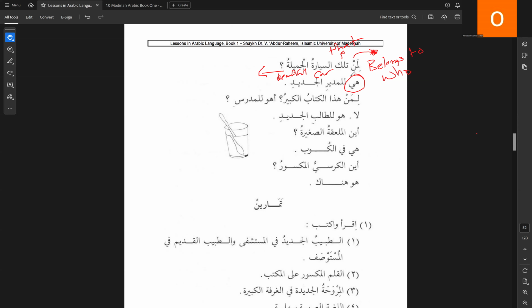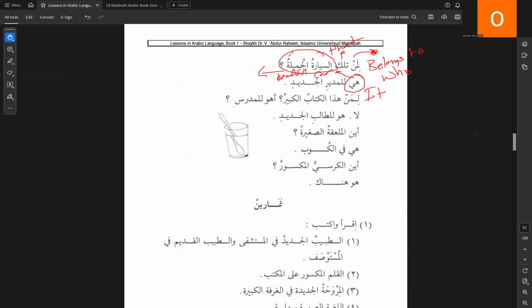Close, but no. Very good, it. It's translated in English as it, but in Arabic it will have a masculine or a feminine connotation, right? So you'll say hiya in response to what? To the car. Car has ta marbuta, therefore it is feminine, and it has hiya.